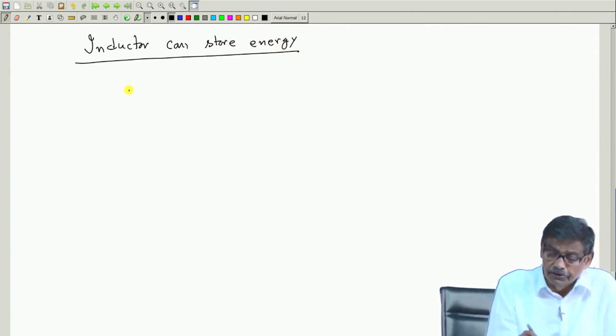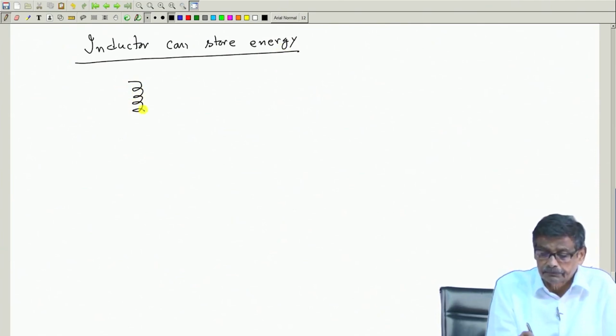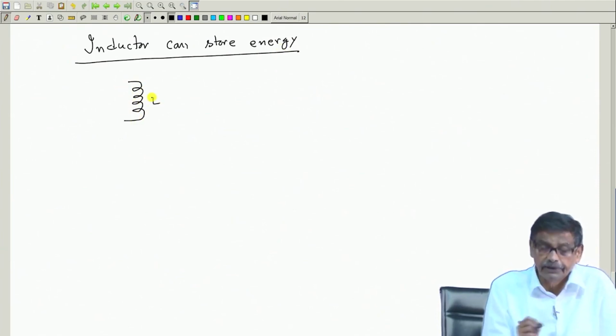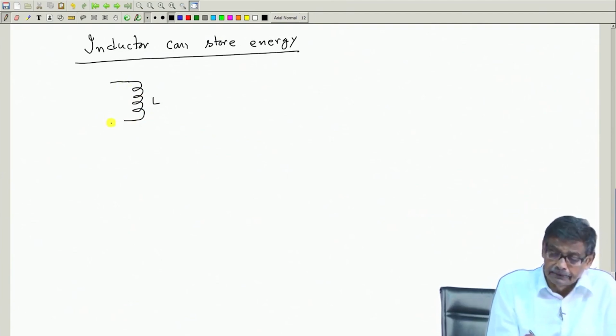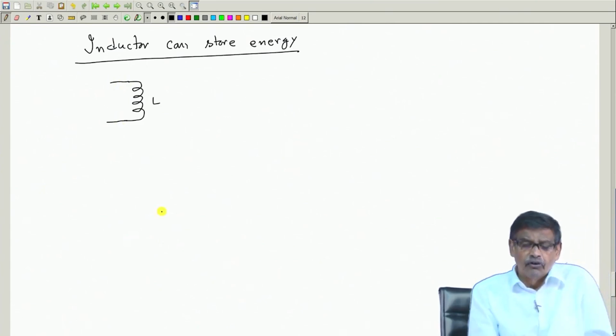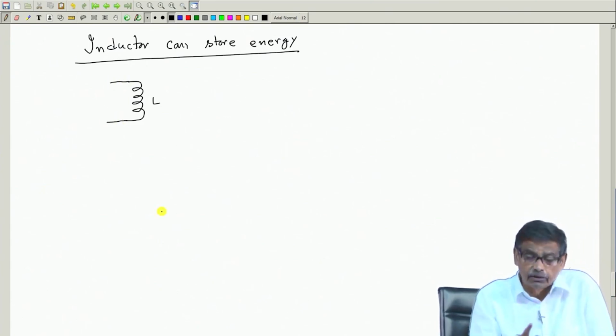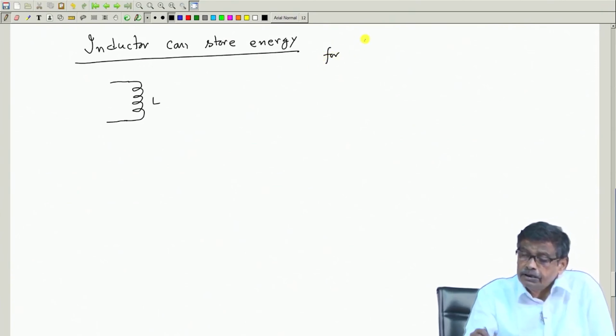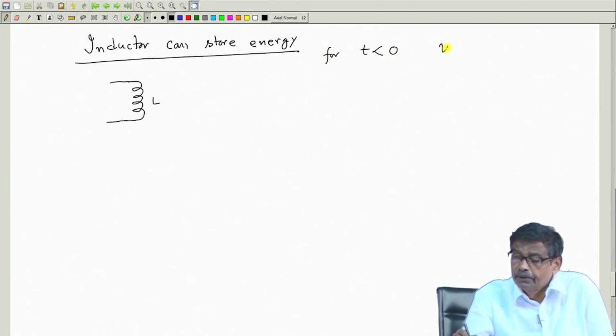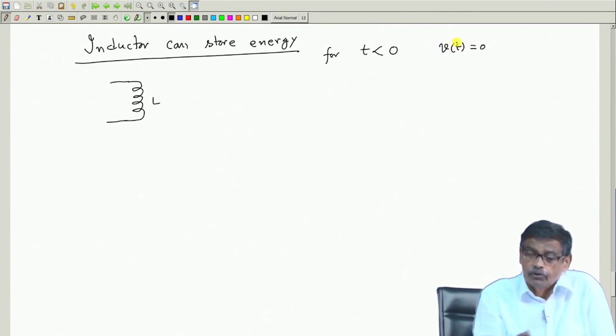Now, suppose you have a pure inductor L. For t less than 0, no voltage was applied. Try to understand all the points I am telling. For t less than 0, the voltage applied across the inductor was 0, suppose.